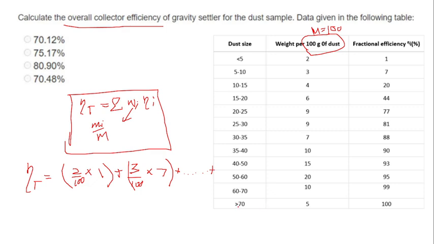Finally, you have to calculate for particles of size greater than 70 micron, which is given by 5. They are all together about 5 grams out of 100 grams. So 5 divided by 100 into its respective fractional efficiency, which is 100.